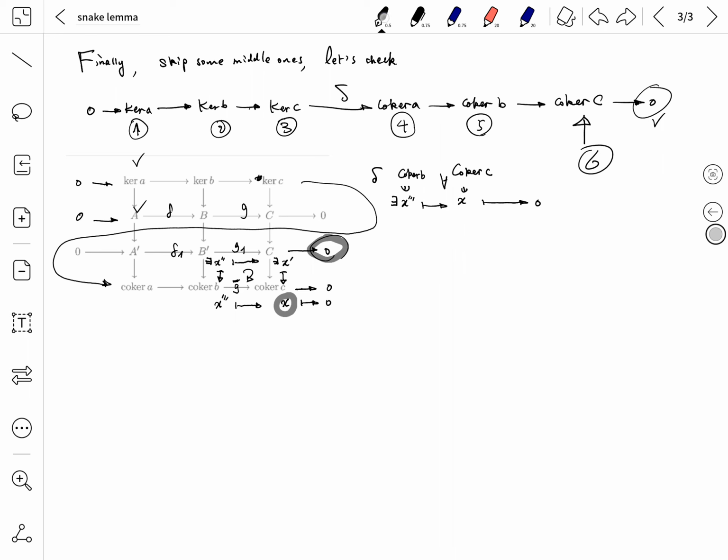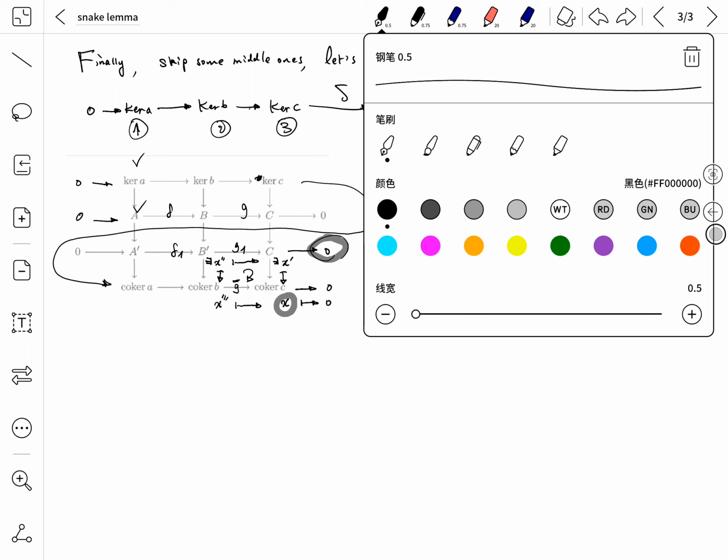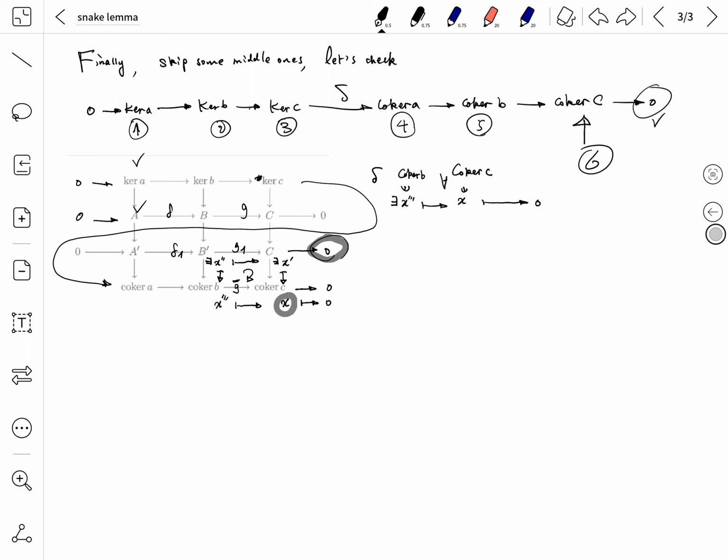Very quickly, this is yes, because if you got this surjective, to prove this is surjective, you just show that any x in kernel C there exists an element in kernel B whose image is x, right? But by definition of cokernel, you just look at its pre-image in C, which means x is some x prime bar.